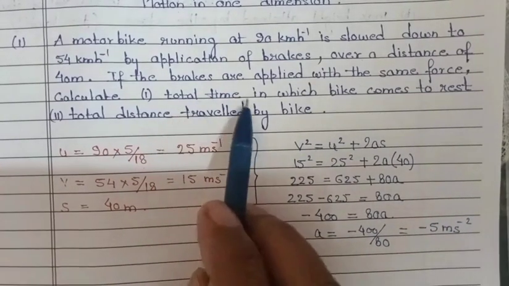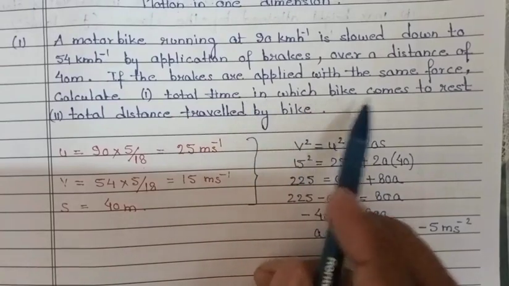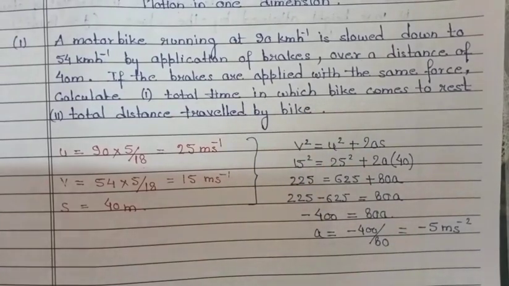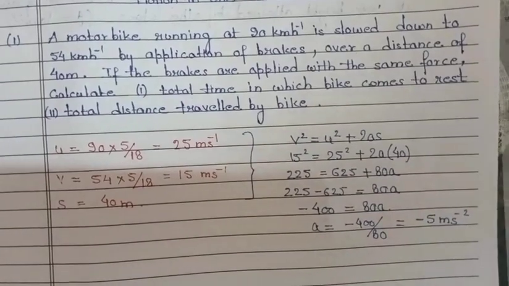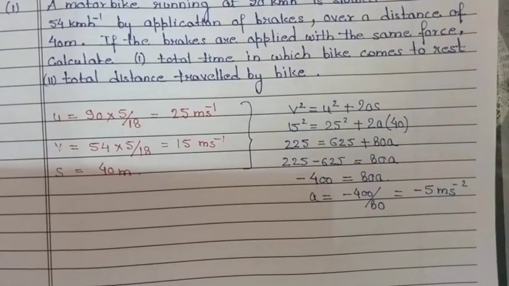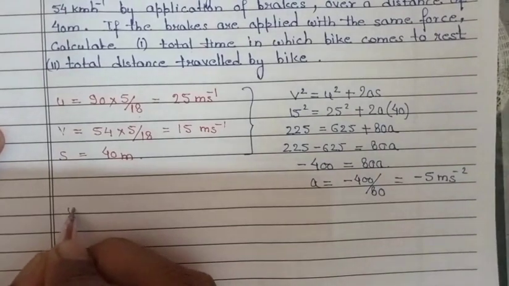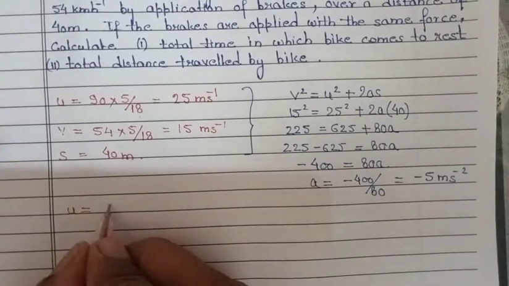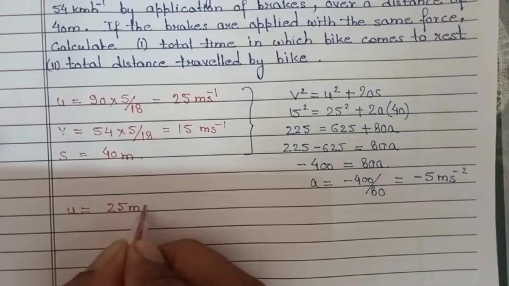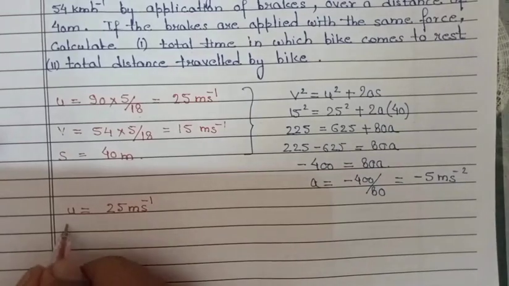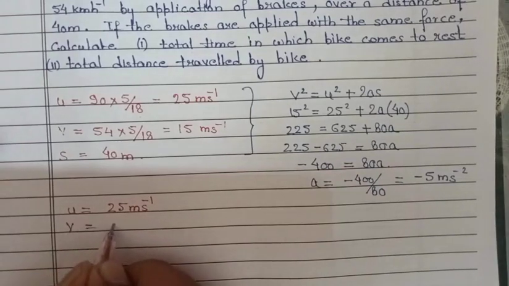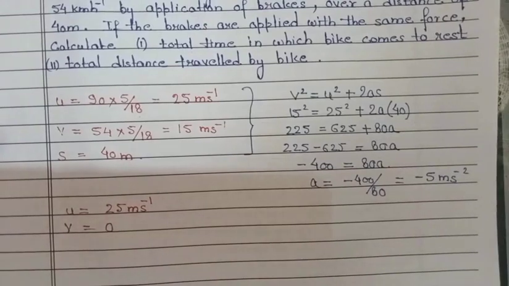Now we have to calculate the total time in which the bike comes to rest. As the bike is coming to rest, final velocity is to be taken as 0. Initial velocity remains the same, 25 meter per second. But now the bike is coming to rest, so final velocity will be taken as 0.